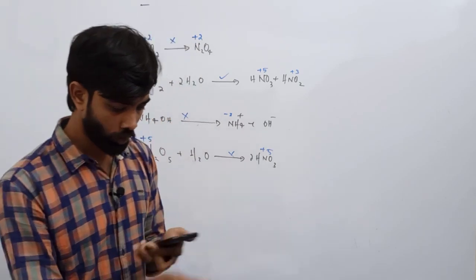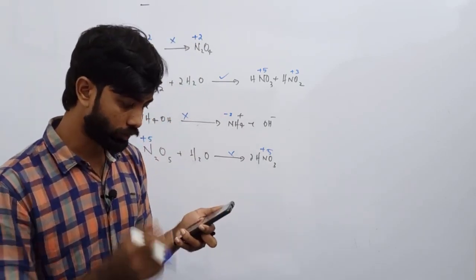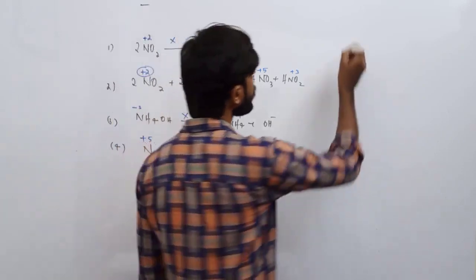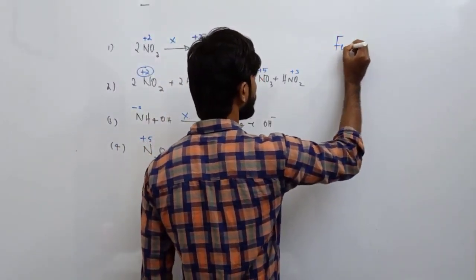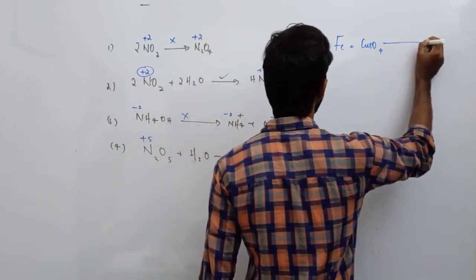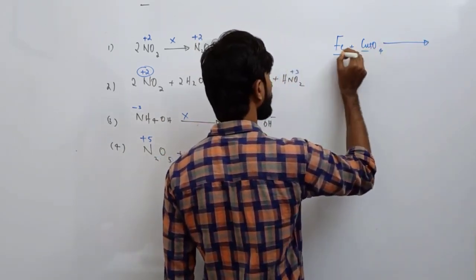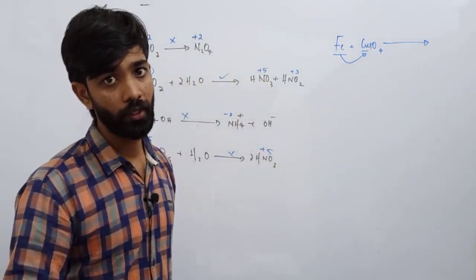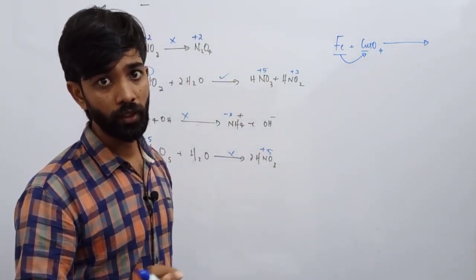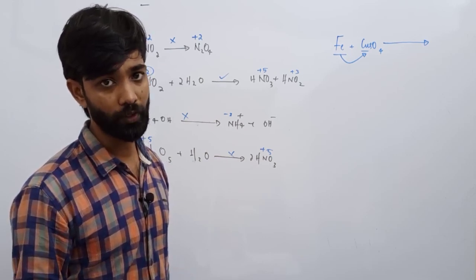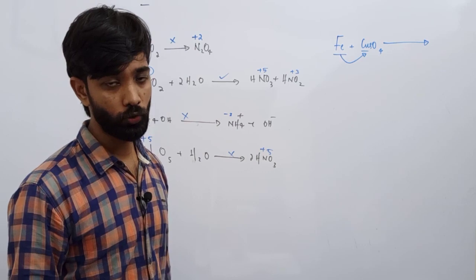12th question. When iron is added to copper sulfate, copper is precipitated. It is due to. So when iron is added to copper sulfate, what happens? We know that iron is a metal which can displace copper in the electrochemical series, okay, and I'll describe the details of your electrochemical series because our next chapter is electrochemistry, okay.